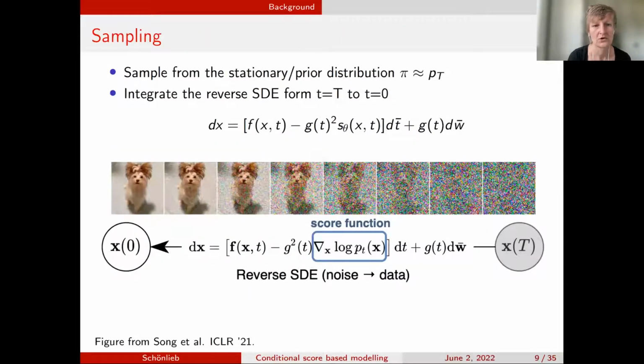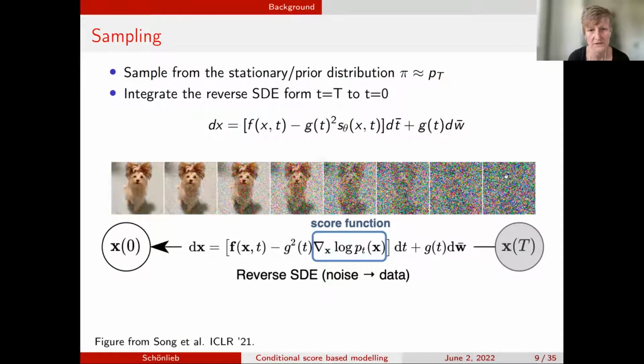Okay, so again I said all of this already, but just so you can have another idea of what the in-between X_t look like. The idea is that once you have trained the score, you sample from your normal distribution, which is just white noise, basically normally distributed noise in every pixel.